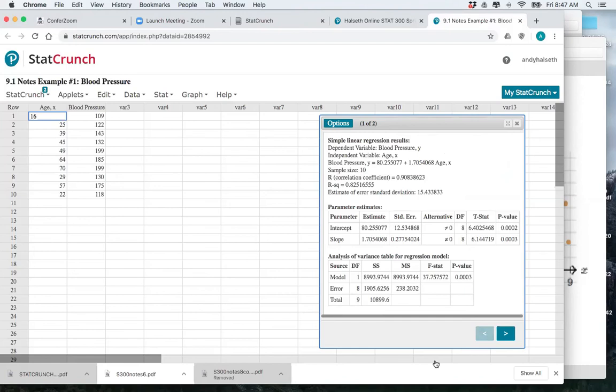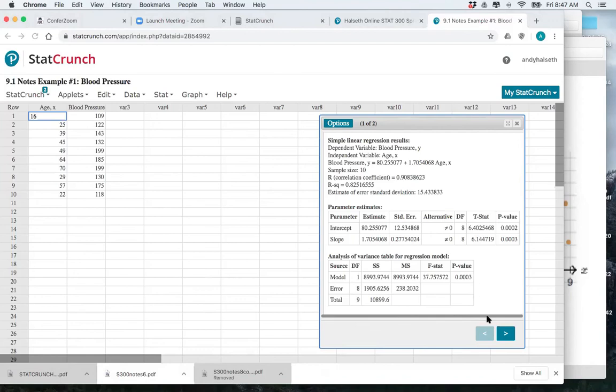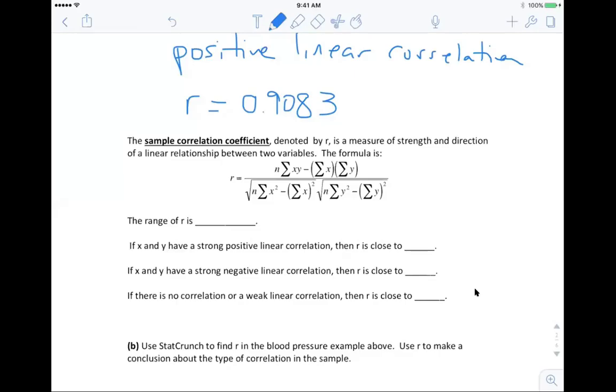What does this 0.9 mean? If I jump back to my packet real quick. The R value, the range, is always between 0 and 1. Wait, that's not right. -1 to 1. Sorry. Back up.